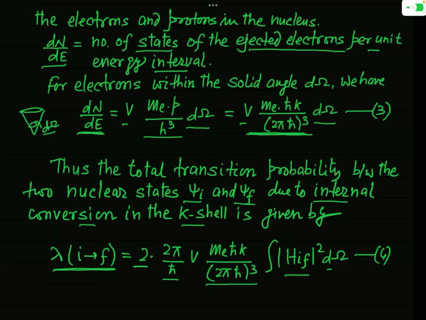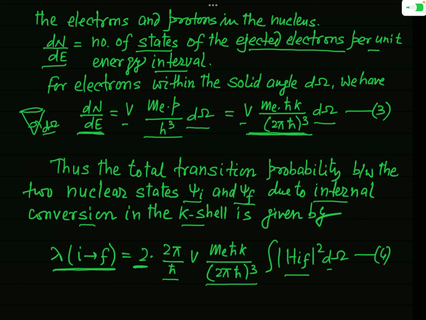Why have we multiplied? Actually, you are considering the electron conversion in the K shell. And you know, in the K shell there are 2 electrons present. So as the K shell contains 2 electrons, this transition probability is just multiplied by the number 2, and that's why I have multiplied this expression by 2.